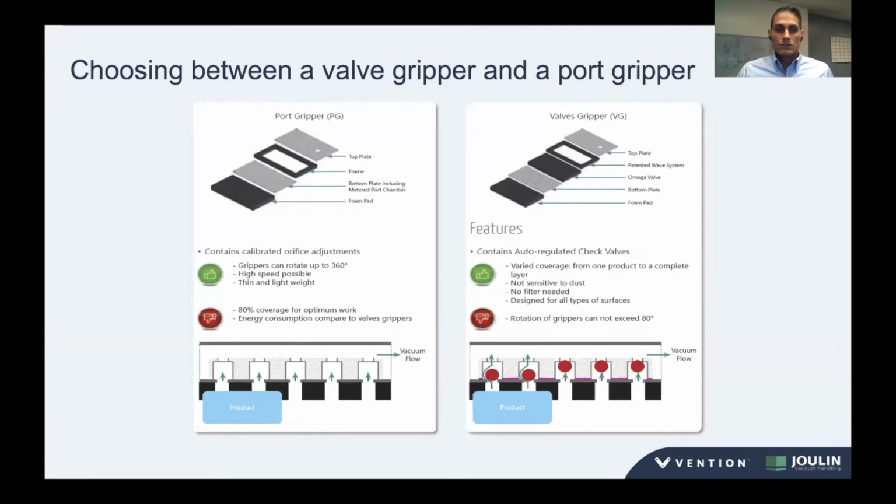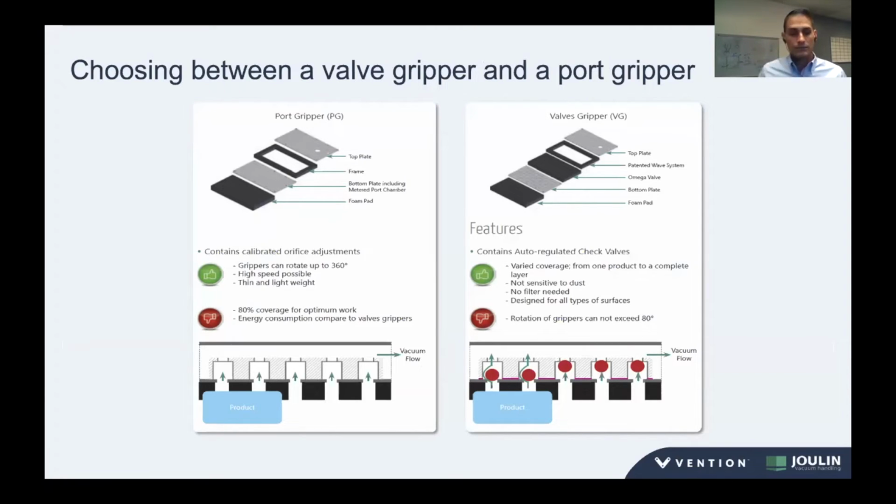So let's just talk about the difference between some of our grippers. There's going to be a few different types, but essentially what we want to do is help you see an overview of how you would want to define what you need for your project. So we've got some valve grippers, some check valve grippers, and some port grippers.